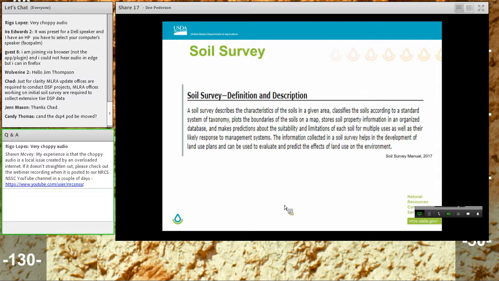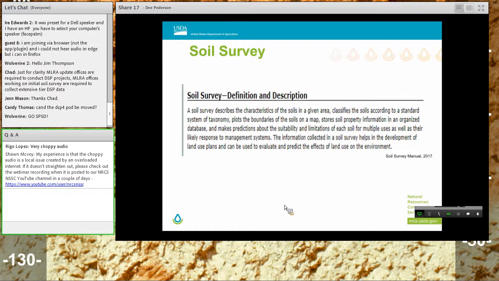The NASIS database, or the National Soils Information System, which I understand is the largest natural resource database in the world, provides basic predictive data, but is dominantly inherent property-based. And while this is a strength, it's also somewhat of a limitation. But the addition of DSP data will bolster the utility of soil survey by adding a layer of refined information.